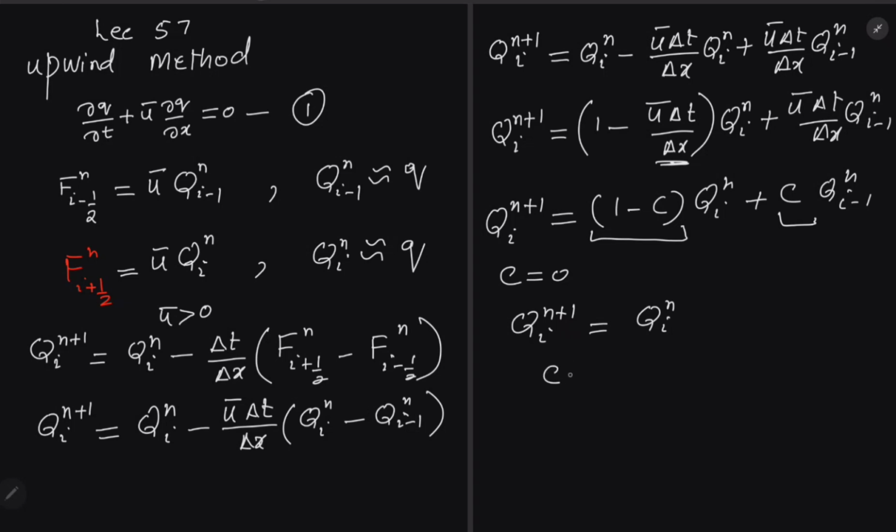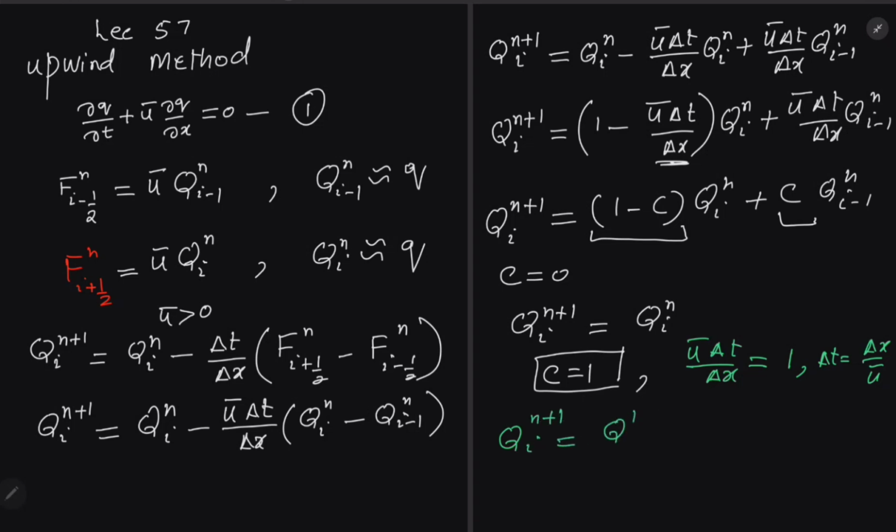When C is equal to, for example, 1, in that case, U bar delta T by delta X is equal to 1. And from here, we can find out the step. What step should we take? That will be delta X over U bar. So in that case, we have Q_i^{n+1} equal to Q_{i-1}^n, so the next value will be coming from Q_{i-1}^n.